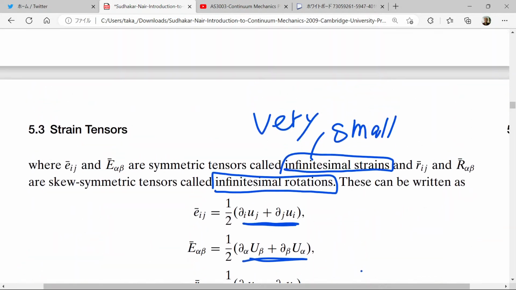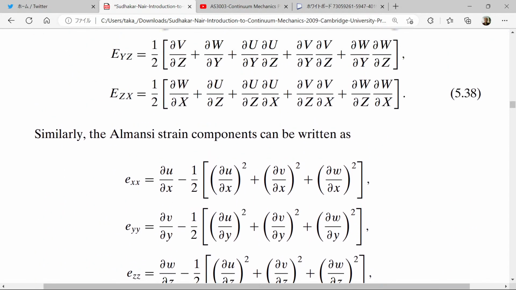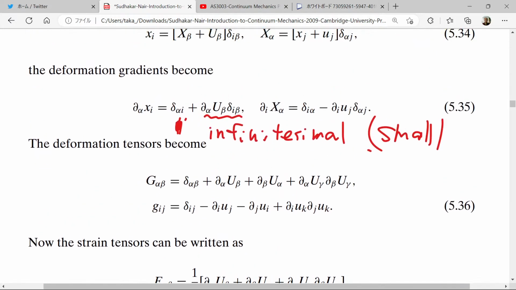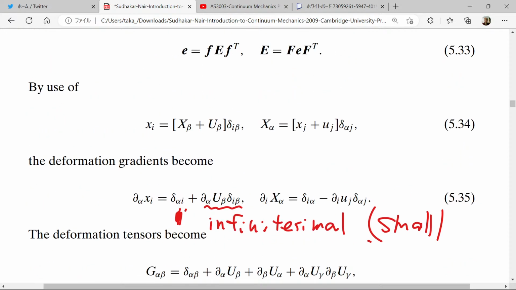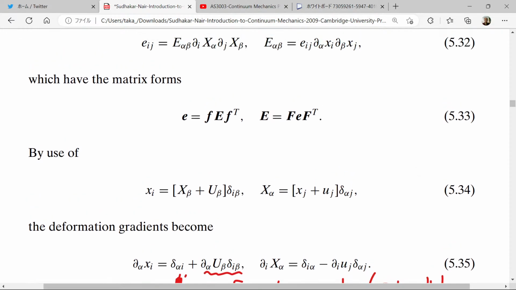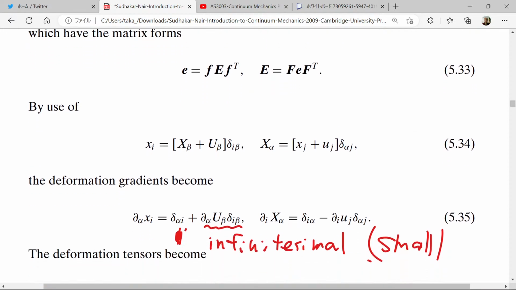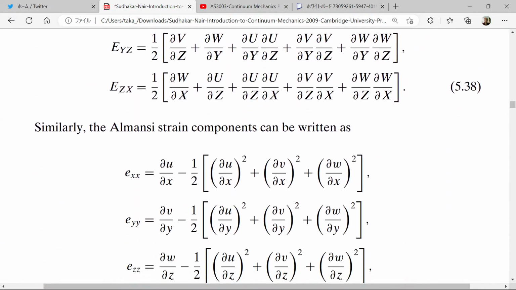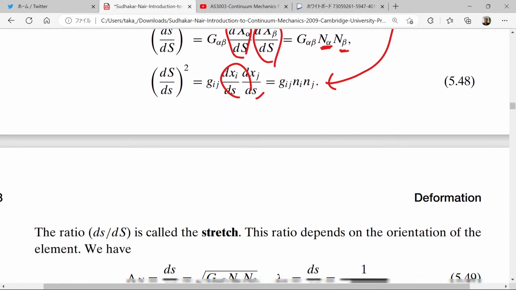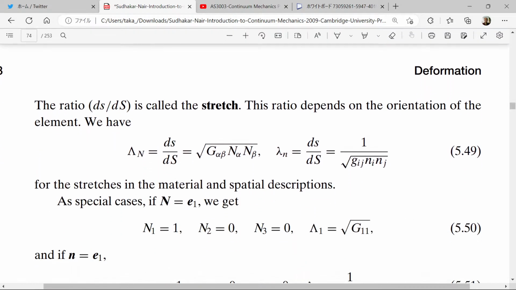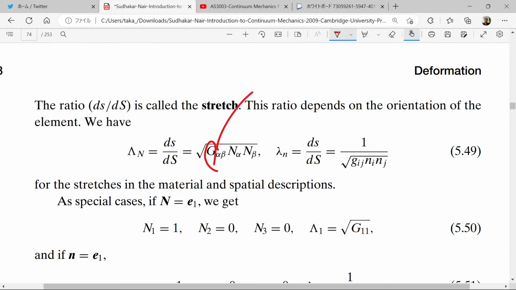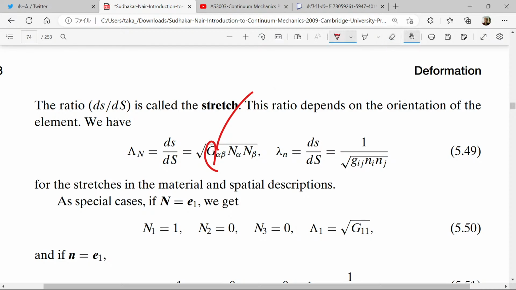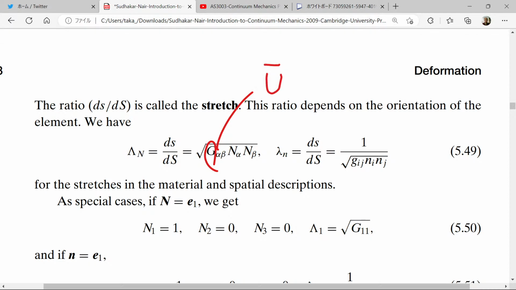G contain U. So this G has U. For example, U vector.